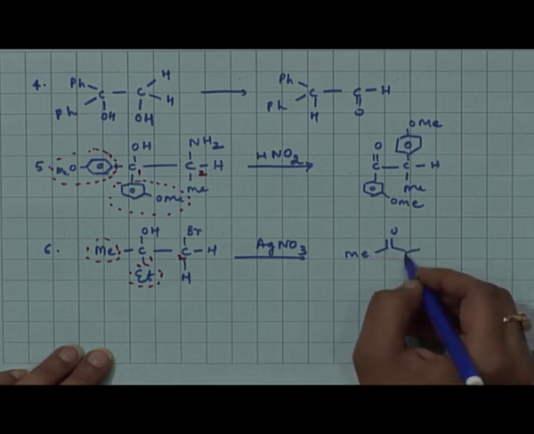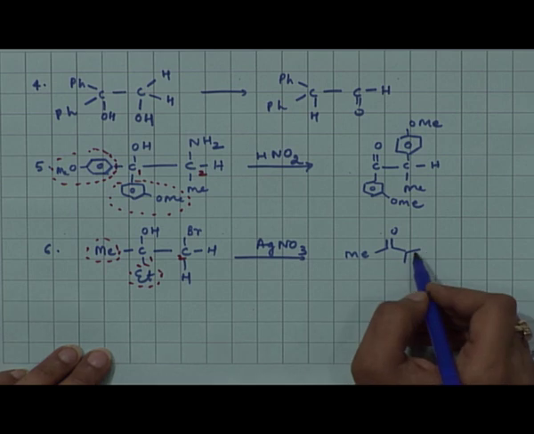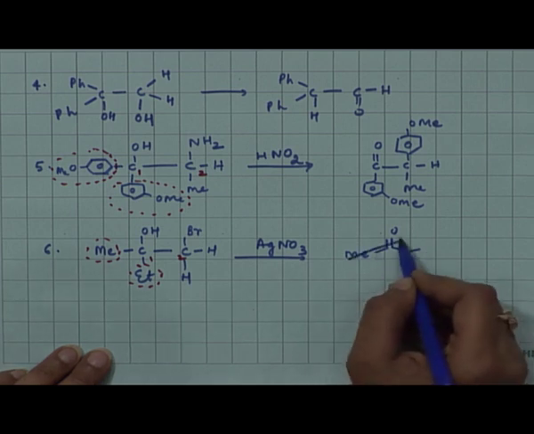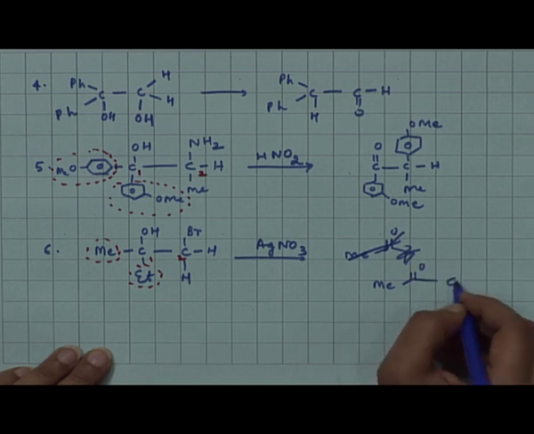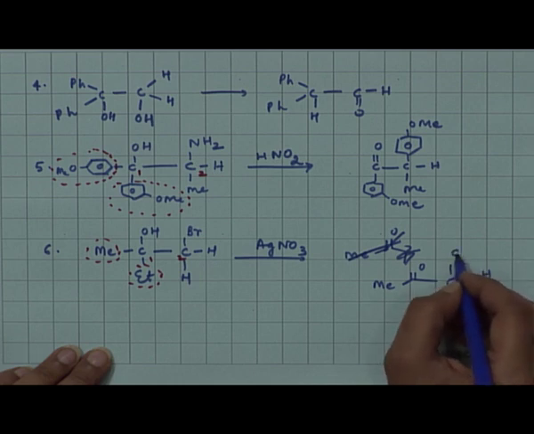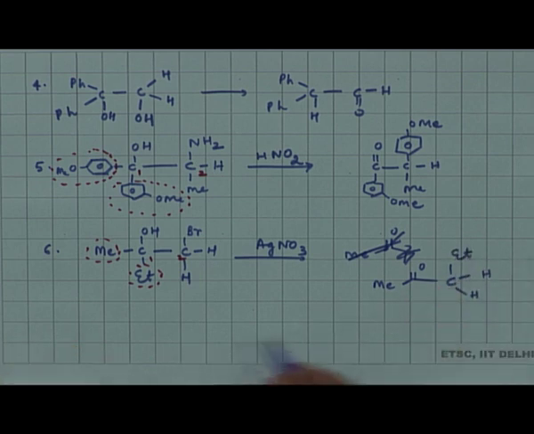And so, you have this carbon, I will just redraw this. So, this is a methyl and the carbon with 2 hydrogens and the ethyl group migration.